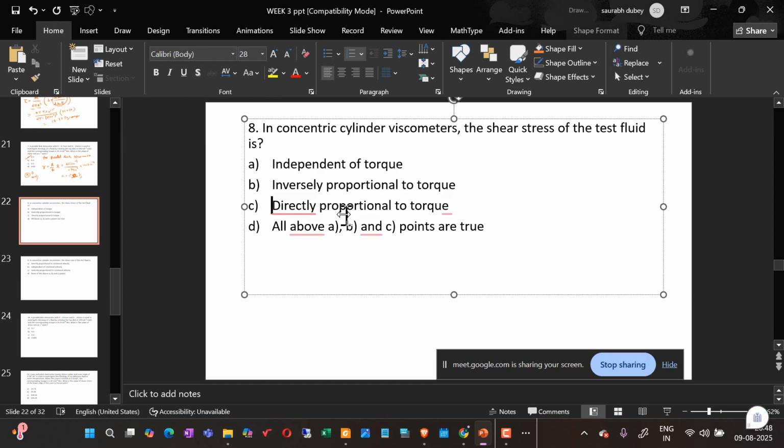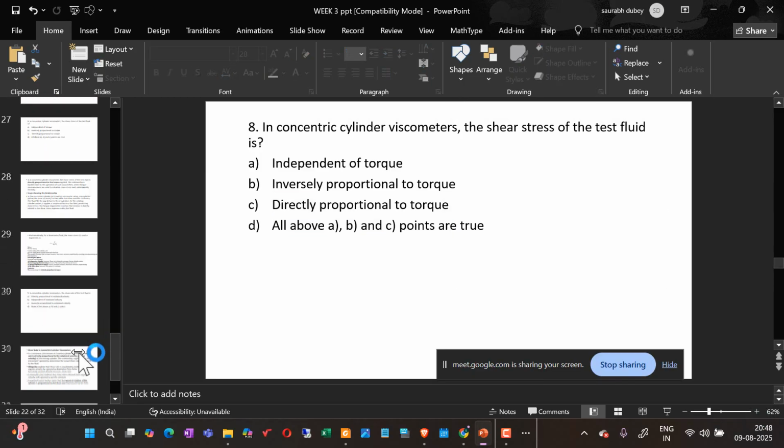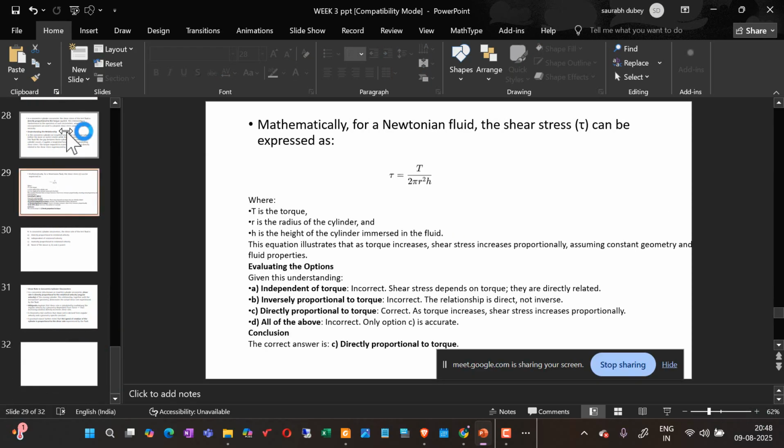For the concentric cylindrical viscometer, in the first class of the week, you came to know that torque was the M factor, and you had tau equals M divided by 2 pi L r square, right? So this M is directly proportional, so the shear stress is directly proportional to the torque. So let us get that answer here.